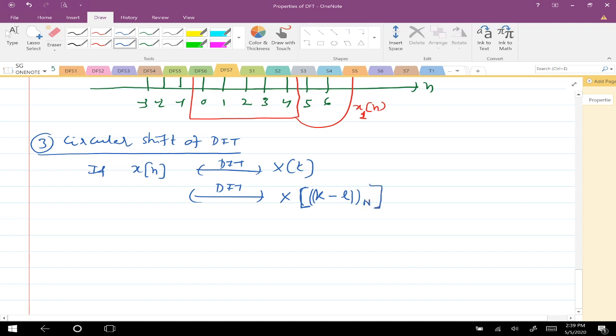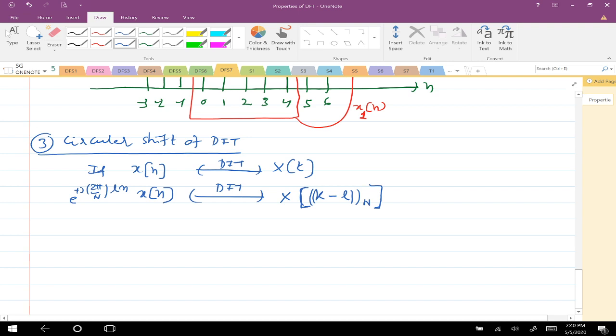So X of (k minus L) modulo n. Then what could I expect here? e to the power, there is a negative sign here, so a positive sign would be there, j 2 pi by n, L times n into x of n. That is what I would be getting here.